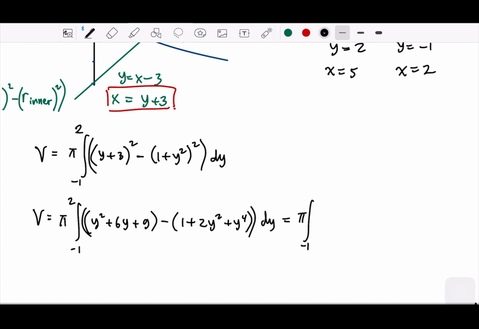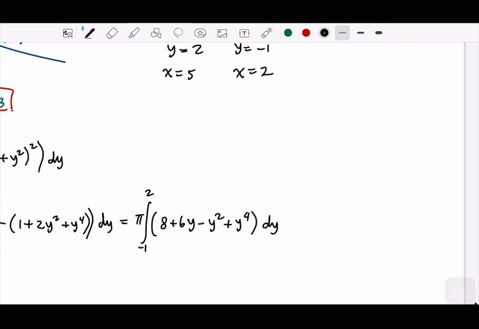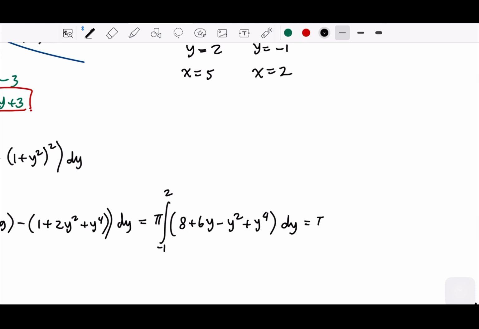So let's simplify: plus 6y minus y squared plus y to the power of 4. Okay, and then take the integration. So we have pi times 8y plus 3y squared minus 1 over 3 y cubed plus 1 over 5 y to the power of 5, and then take from -1 to 2.